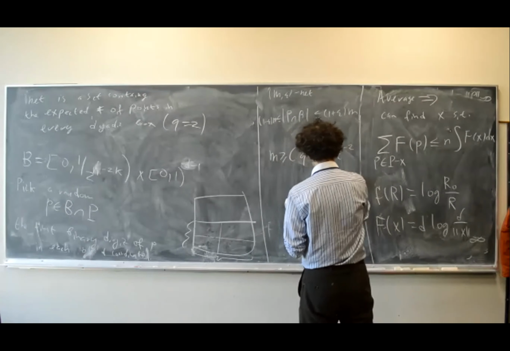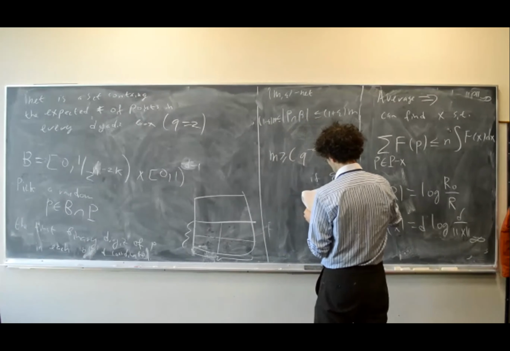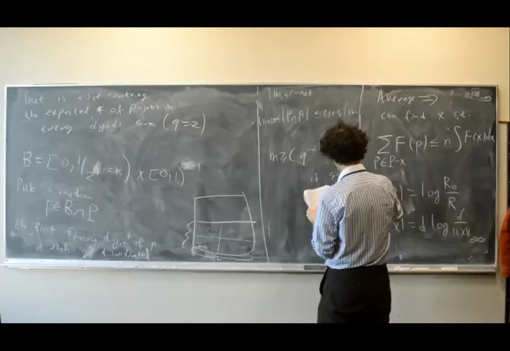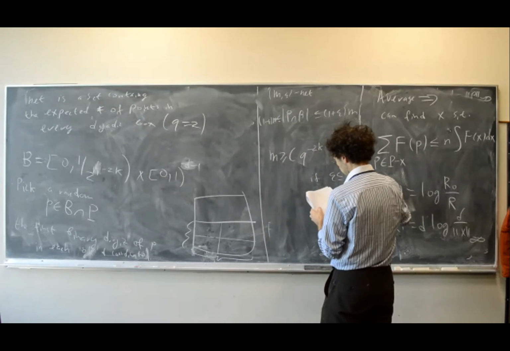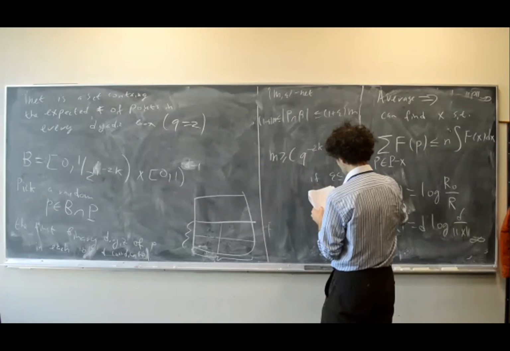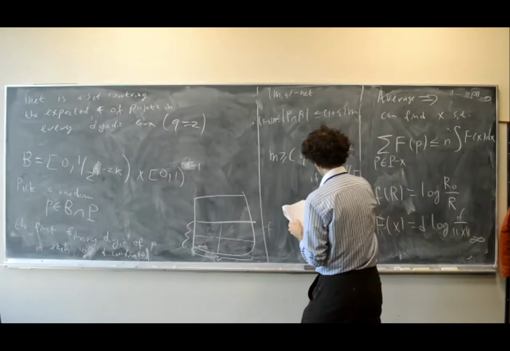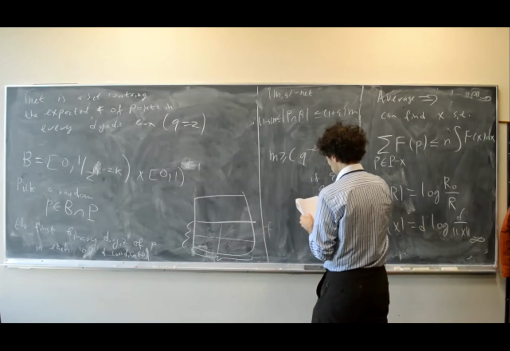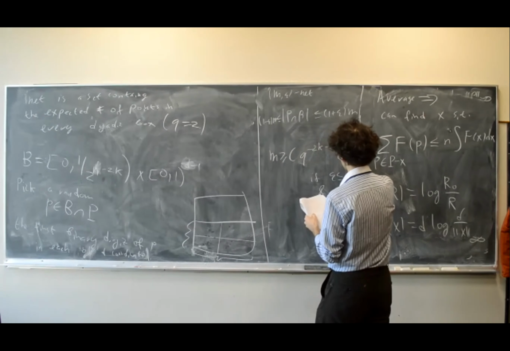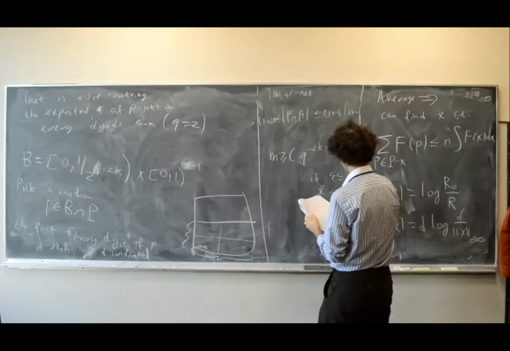If epsilon is smaller than 1 over 2 times the square root of the dimension, and not too small. This is just to prevent this term from blowing up.